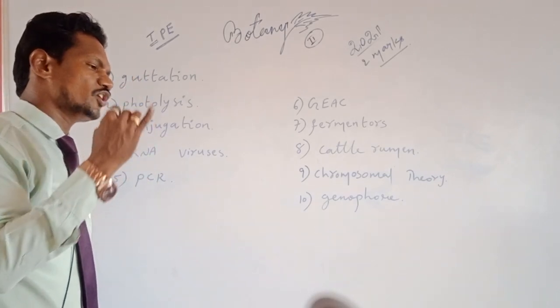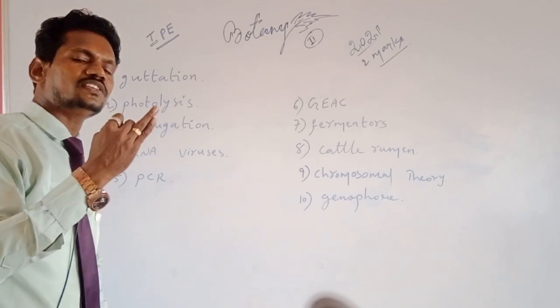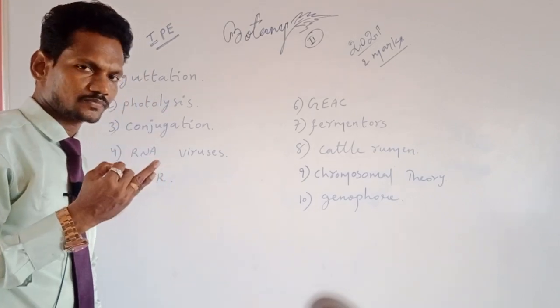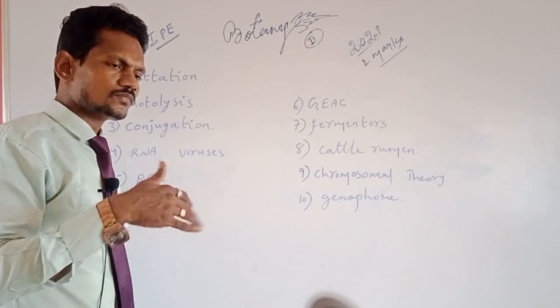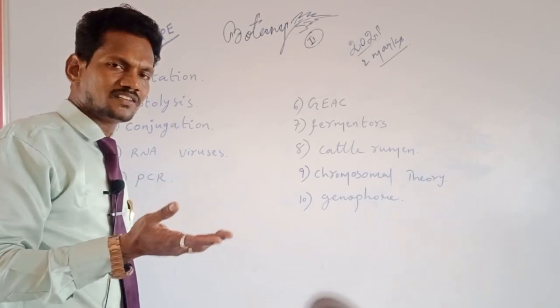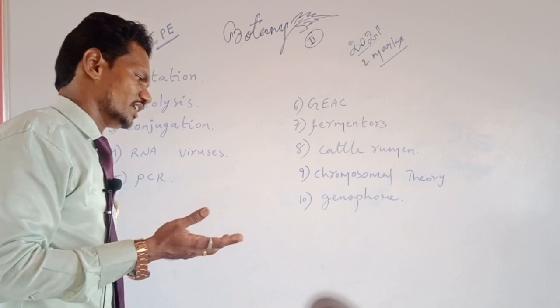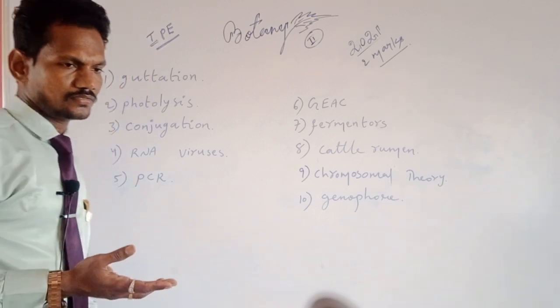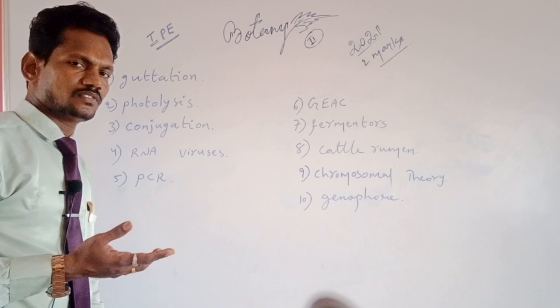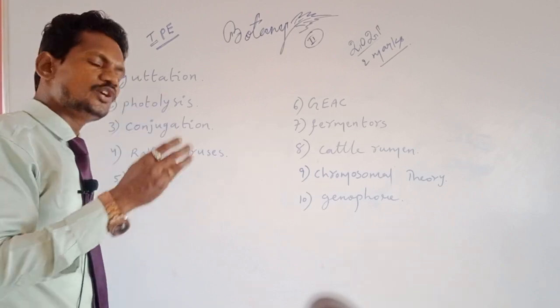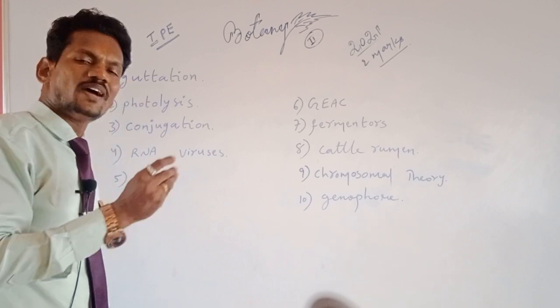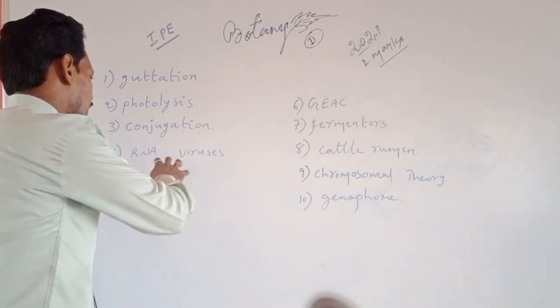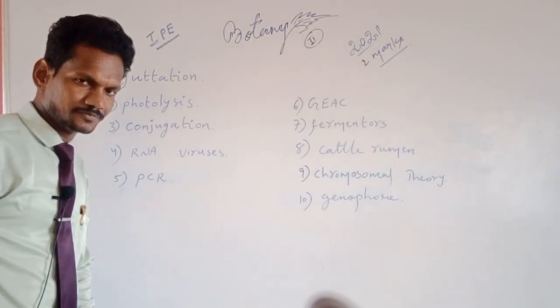The third one is optional, we may write or we may not write. That is TMV, tobacco mosaic virus. So, poliovirus, influenza virus, tobacco mosaic virus. RNA is the genetic material.